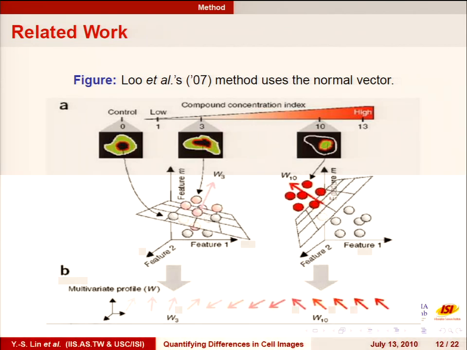We will show you that with different sampling of images, some vectors will have a very high variance, and the quantification will be sensitive to samples.